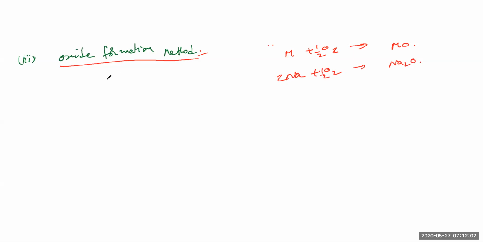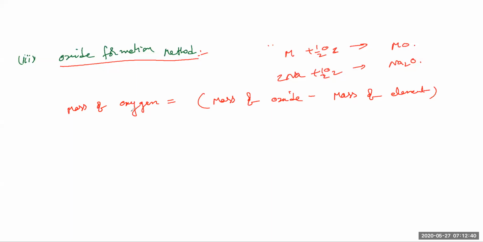Oxide formation method, take the formula. Mass of oxygen is equal to mass of oxide minus mass of element.